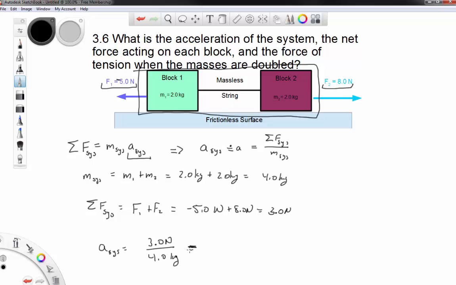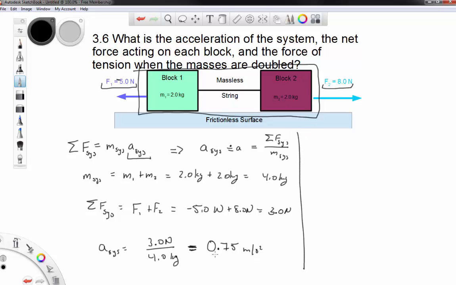At this point, you either mentally calculate this or you throw it into your calculator, and what you get is 0.75 meters per second squared, which actually is half of the acceleration that we found before. So the acceleration is half as much. What do you think that's going to do to the net force on each block?